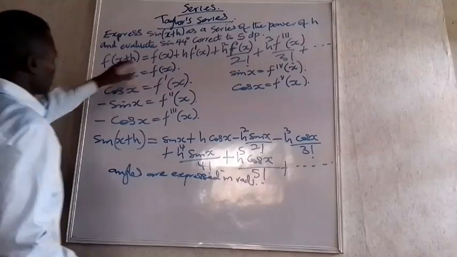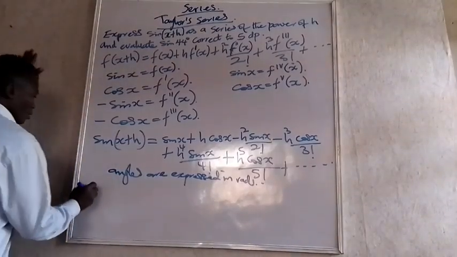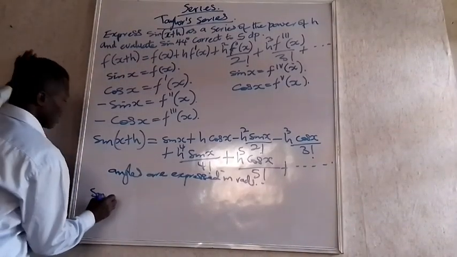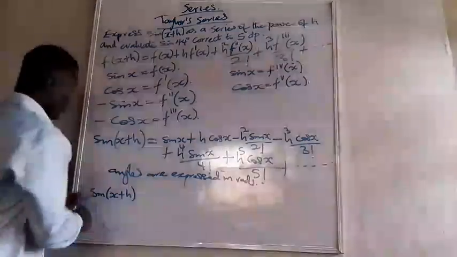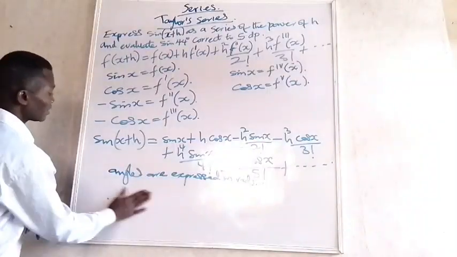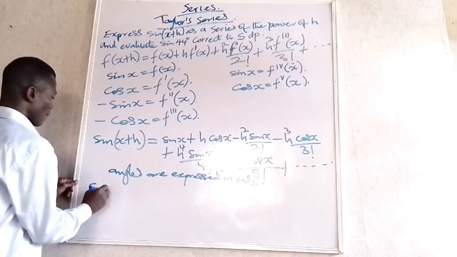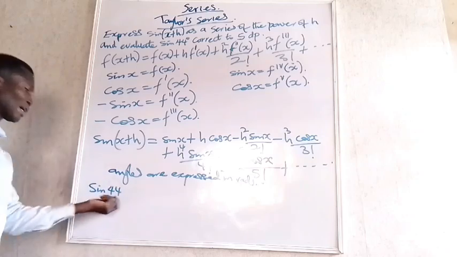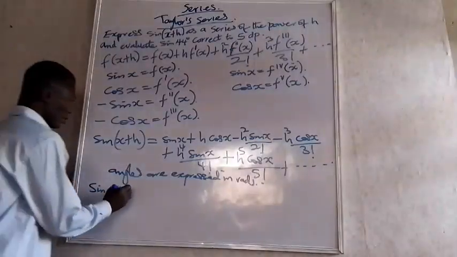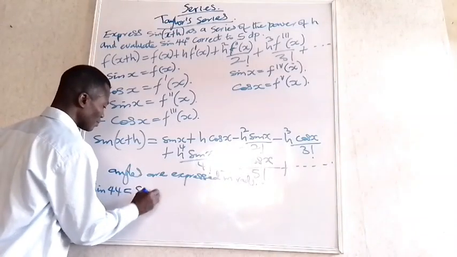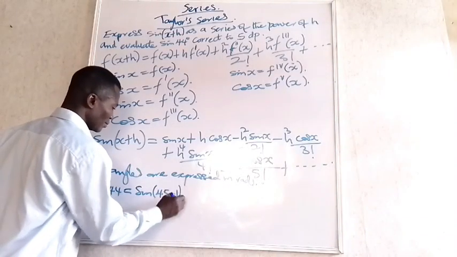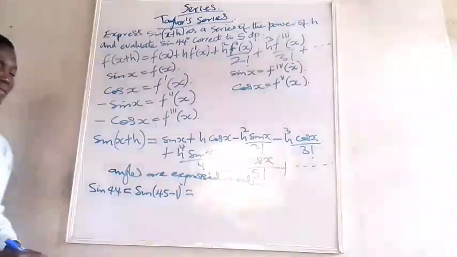Now let's go to the second part of the question. It says that we should evaluate sin 44. You know, we don't have a standard figure for sin 44, so we are going to use the closest one to it, which is sin 45. So we are going to write it as sin(45 minus 1). And then, let's express everything in radians.